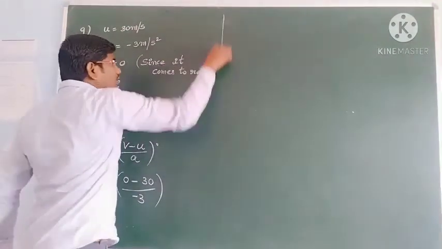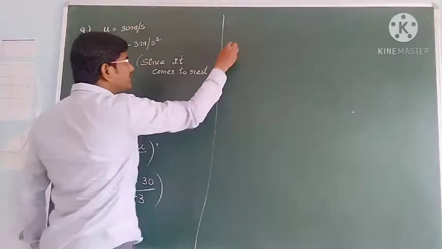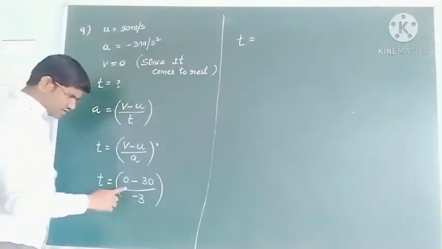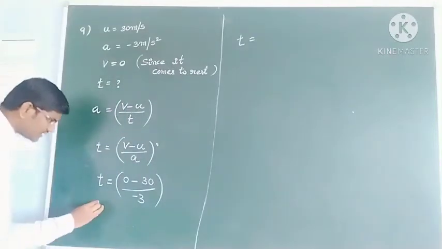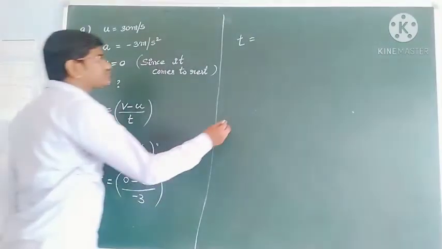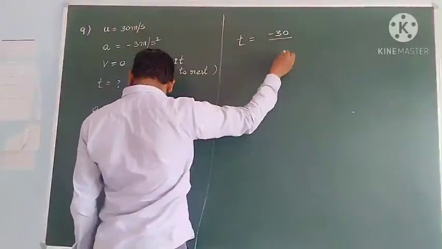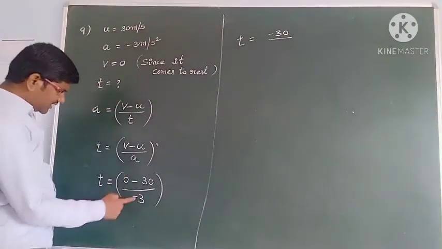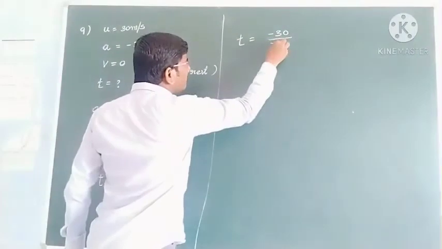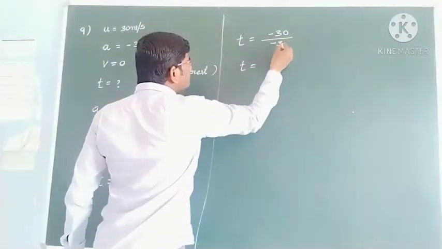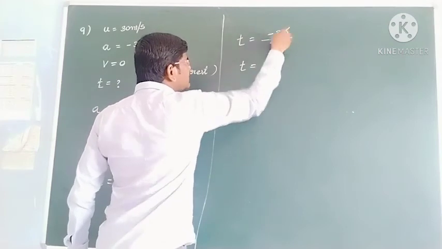Then T is equal to 0 minus 30, so T is equal to minus 30 by, since it's a retardation, minus 3. Minus minus gets cancelled, 3 tens are 30.